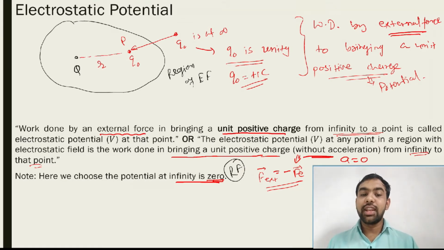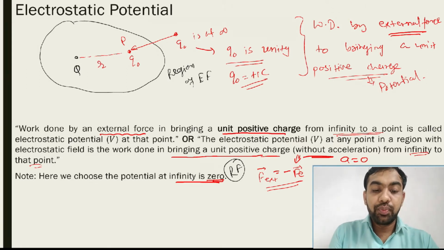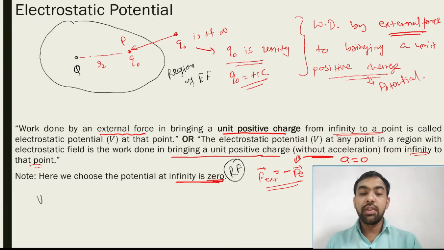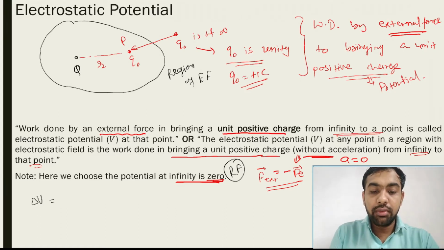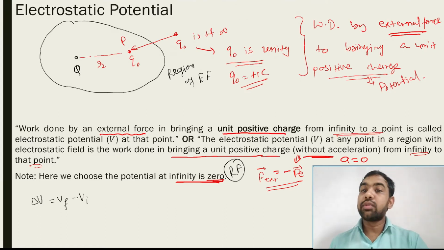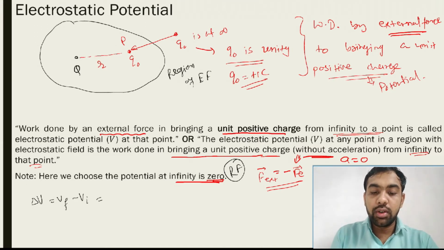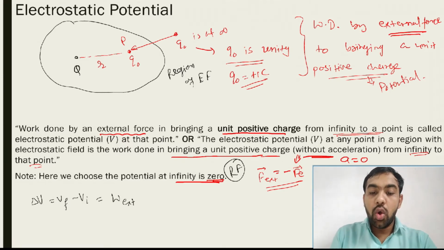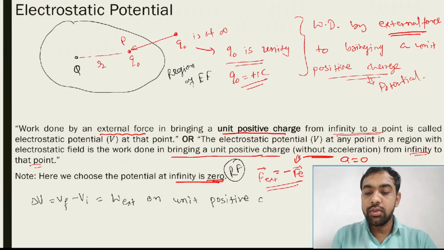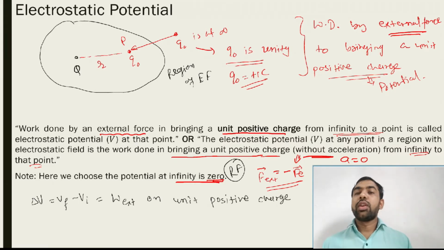So how do we define this relation? Potential V means, let's consider delta V. V final minus V initial is equal to W external on a unit positive charge.